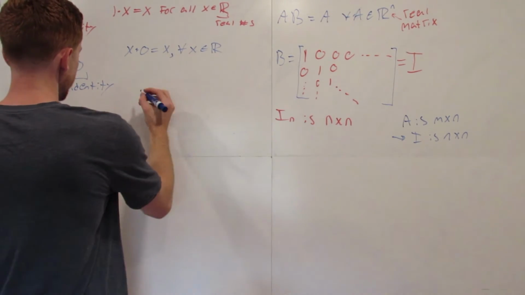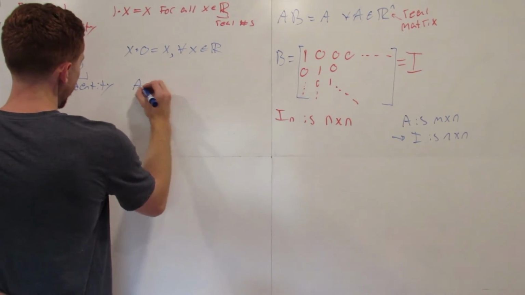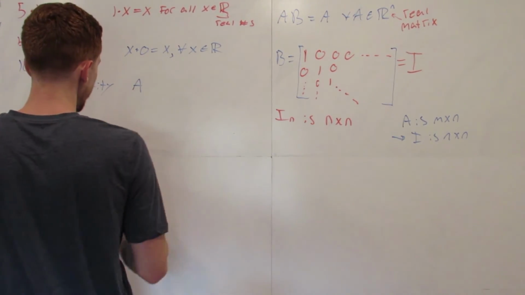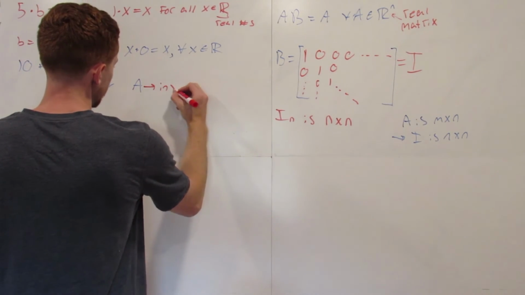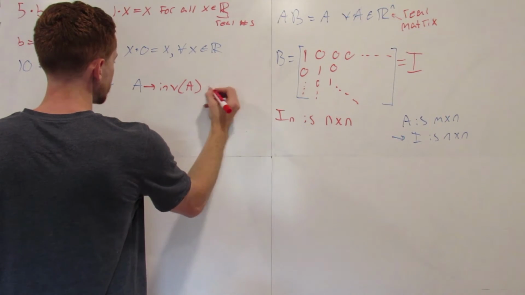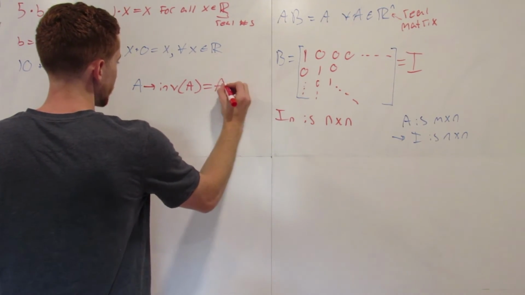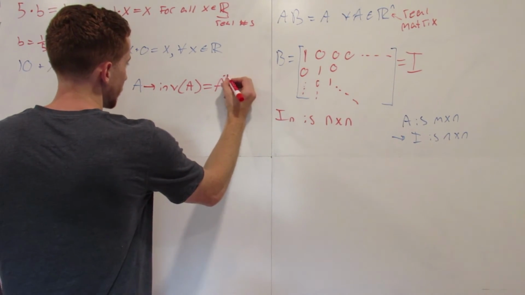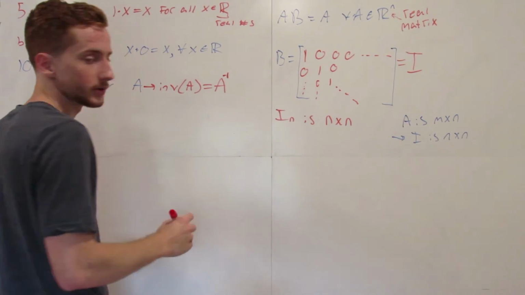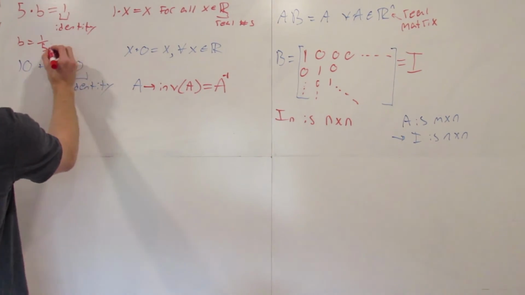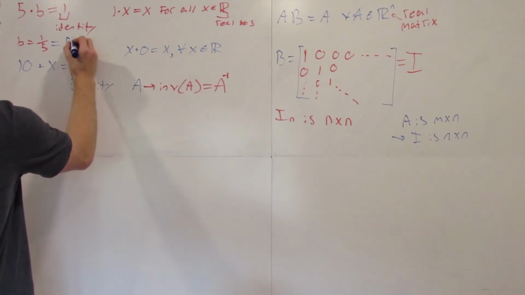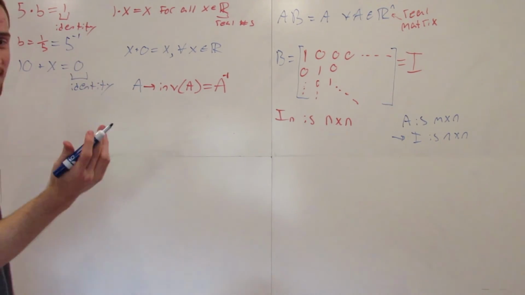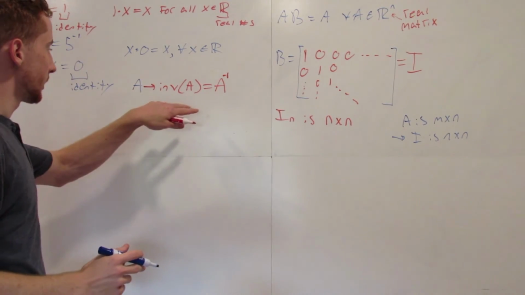So when we write the inverse of A, we denote it as A minus 1. Similarly to how for multiplication we had B equal to 1 over 5, which is literally just 5 to the power of minus 1.